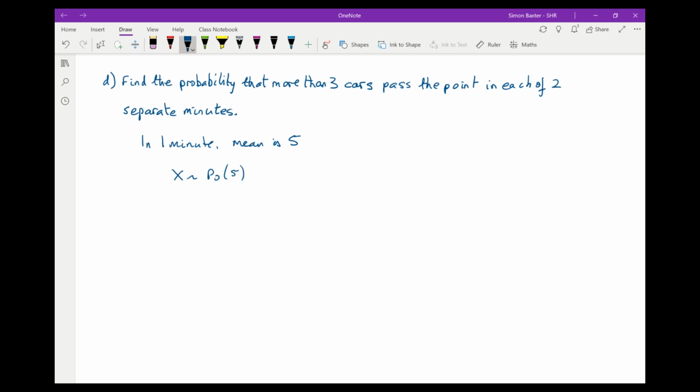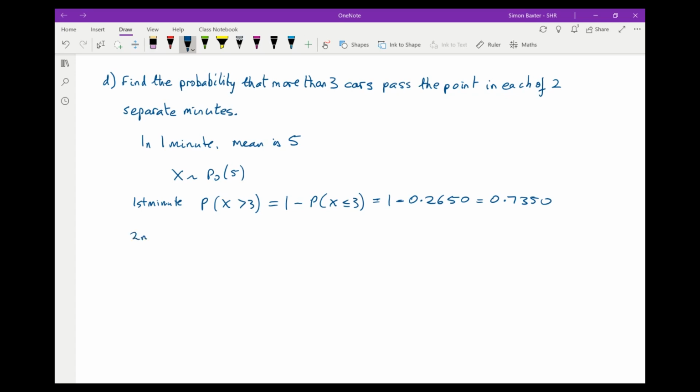In the first minute, the probability that x is more than 3 is 1 minus the probability that x is less than or equal to 3. That is 1 minus 0.2650, and that is 0.7350.